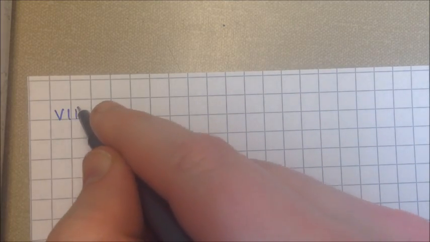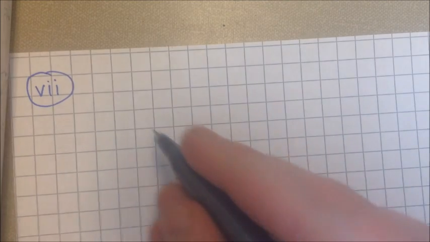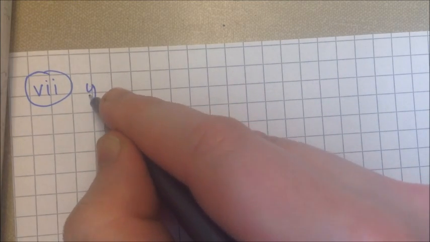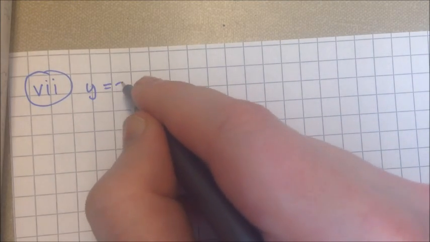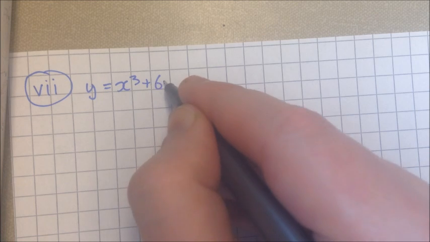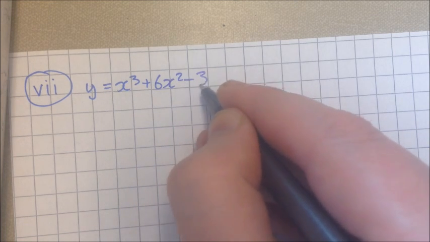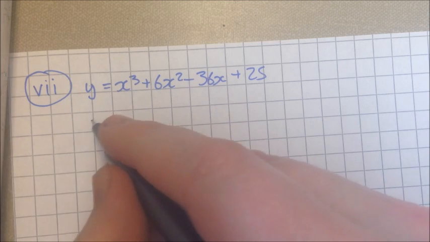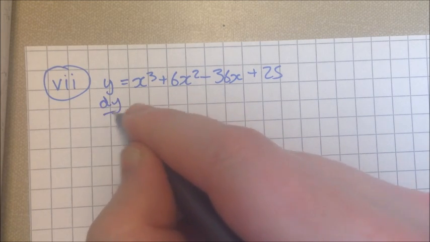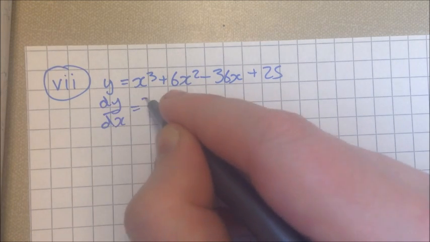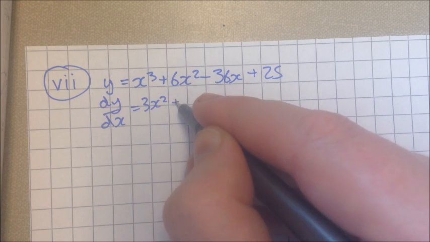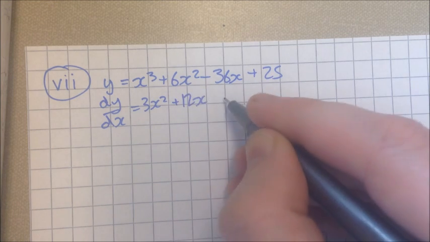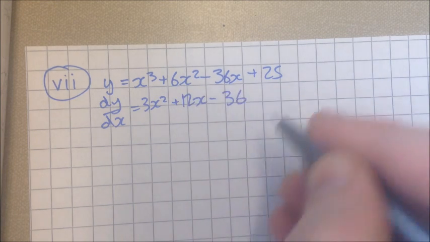Question number 7. y equals x cubed plus 6x squared, take away 36x plus 25. dy/dx then equals 3x squared plus 12x, take away 36.